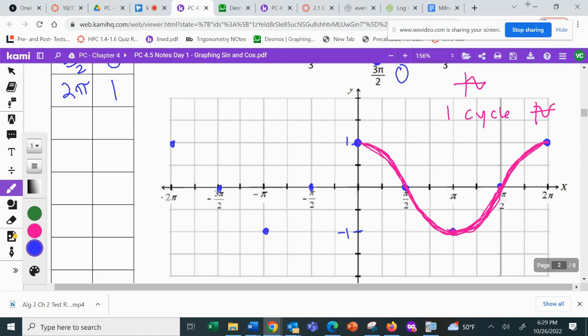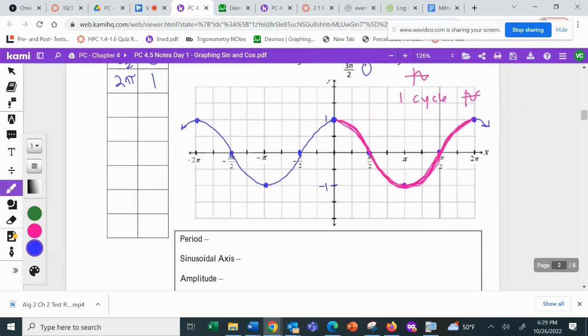So I need to continue that pattern. And then the next place it's going to go is down to the middle. So I'm going to make sure that at the end, my arrow points down. If you make your arrow point up, I'm going to take off, because that's wrong. It points down.